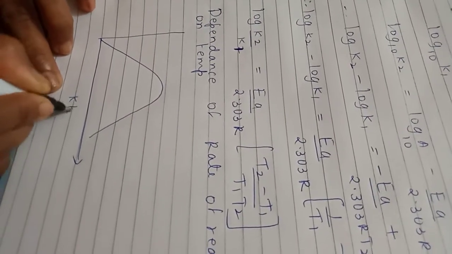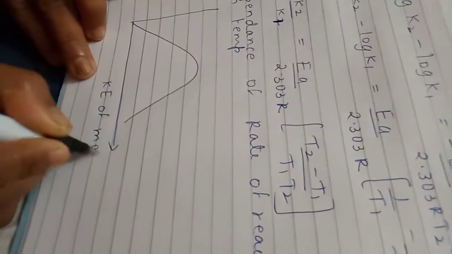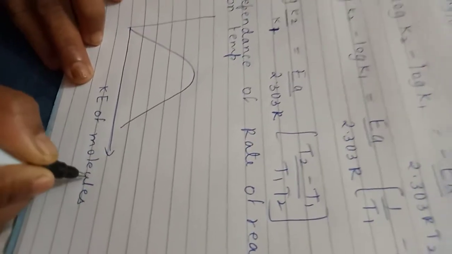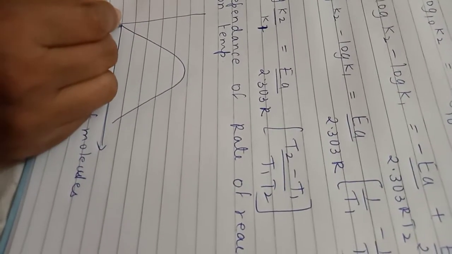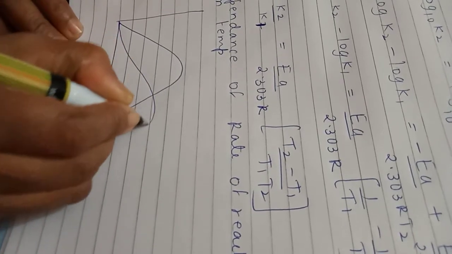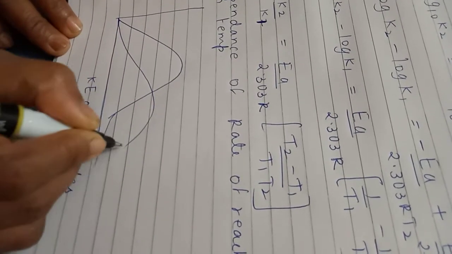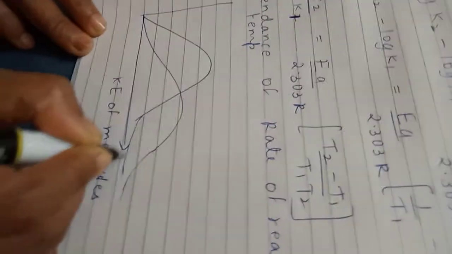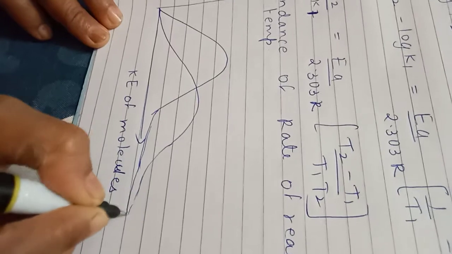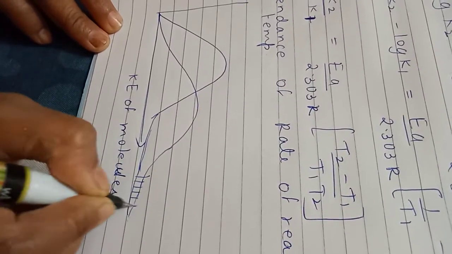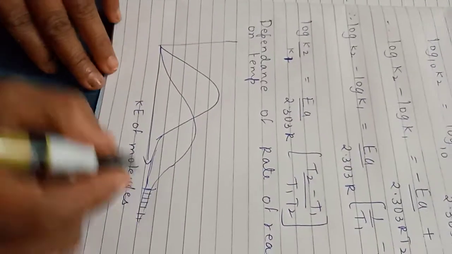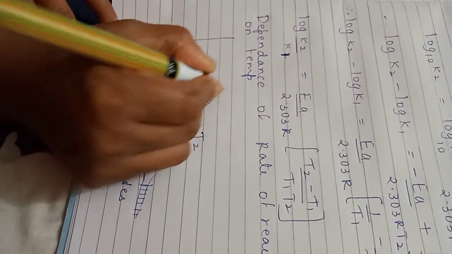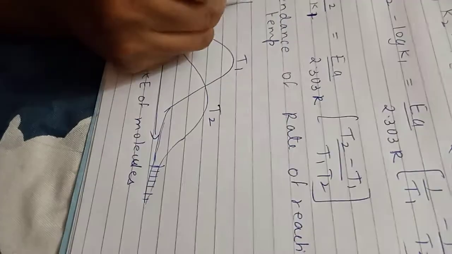Kinetic energy of molecules at two different temperatures, that is T1 and T2.